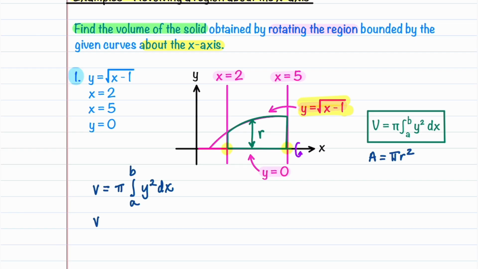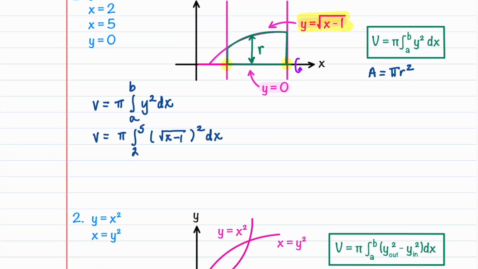Our volume is going to be pi times the integral from 2 to 5 of y, which is the square root of x minus 1, squared, times dx. This is equal to pi times the integral from 2 to 5 of x minus 1 dx.